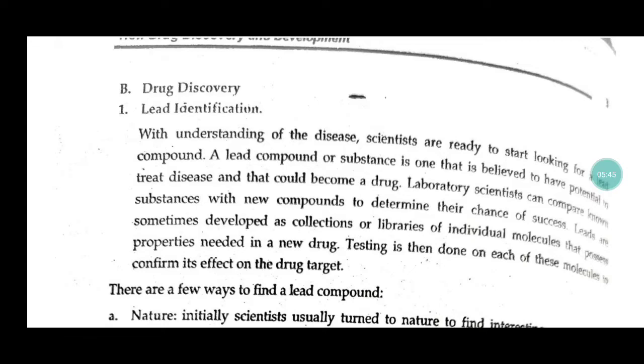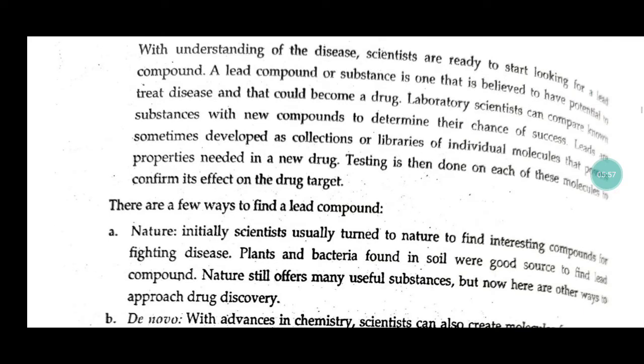The laboratory scientists can compare known substances with new compounds to determine their chances of success. Testing is done on each of the molecules to confirm its effect on the drug target.